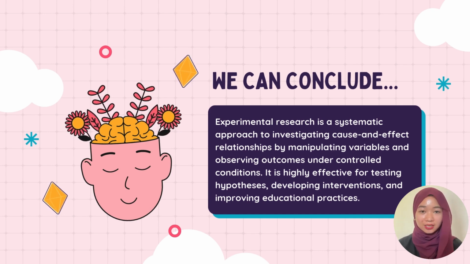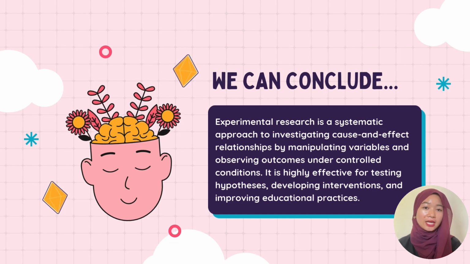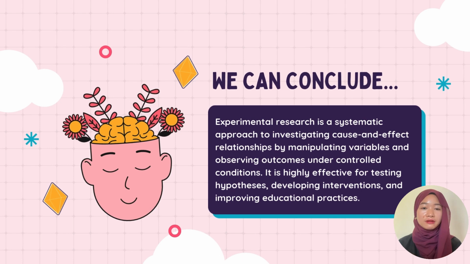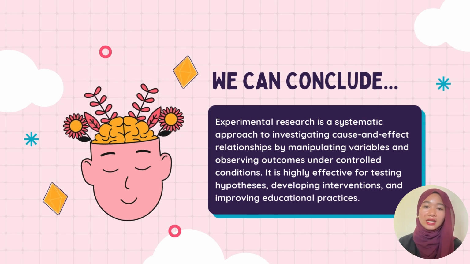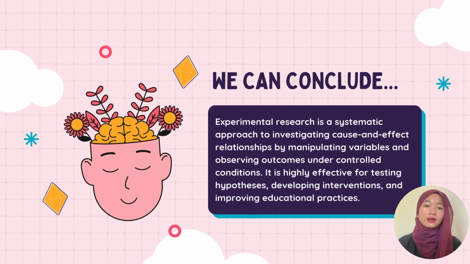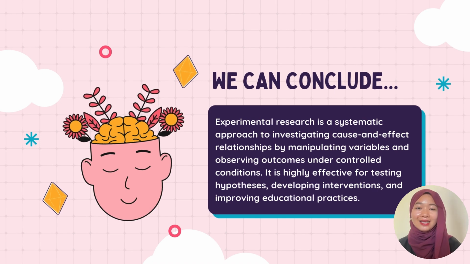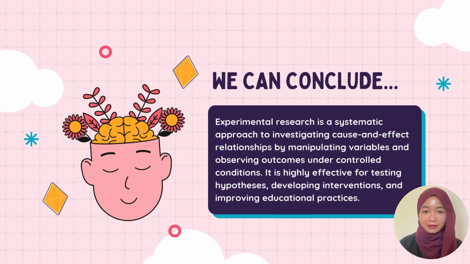So as educators, incorporating experimental research into teaching and learning can help us create innovative and evidence-based solutions to classroom challenges. However, experimental research requires careful planning, adequate resources, and clear research objectives.